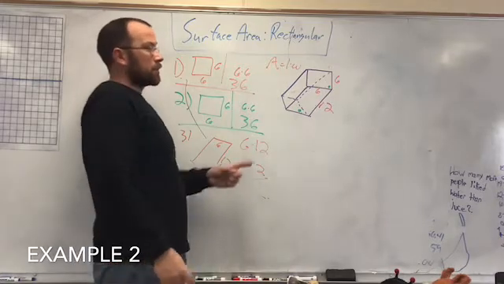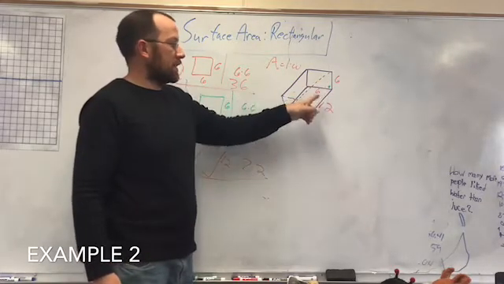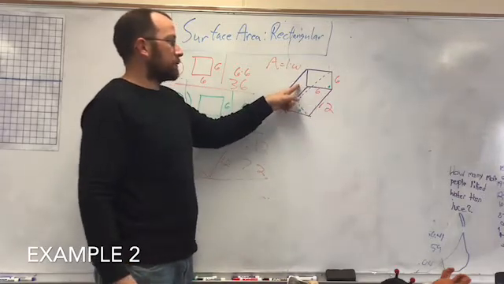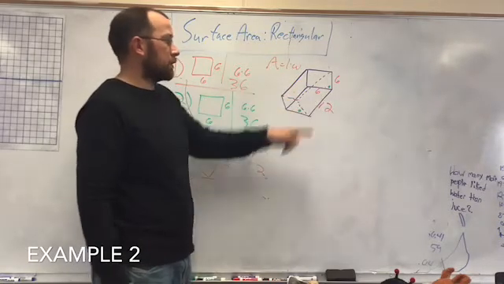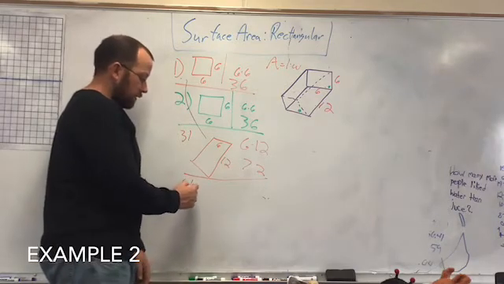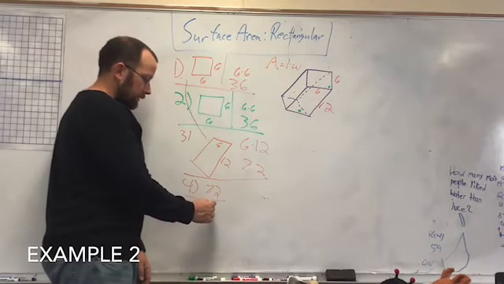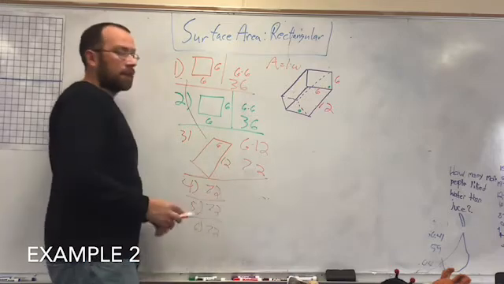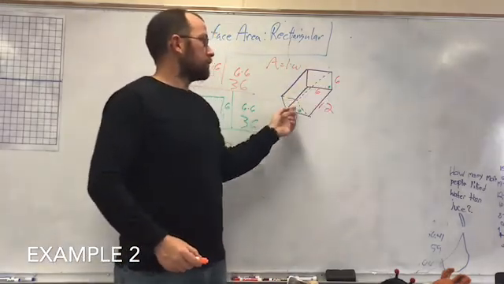Now, because this is a square right here, I know this is going to be 72. This is going to be 6 times 12, which is 72. This one back here is going to be 6 times 12, which is 72. And so is this one. So I know I'm going to have 4 that are exactly the same, because they're all exactly the same shape. That's the benefit of having a square at one of your ends.